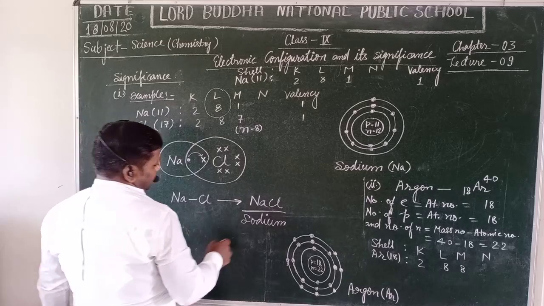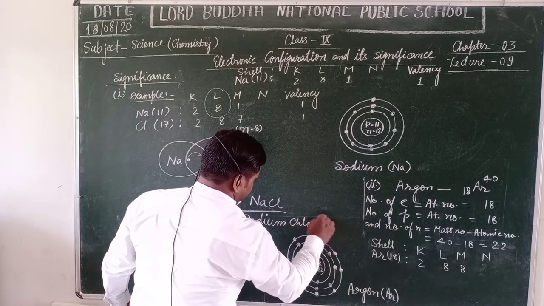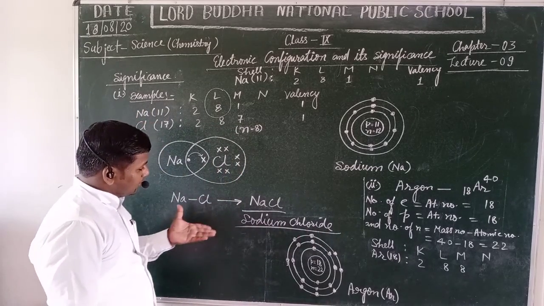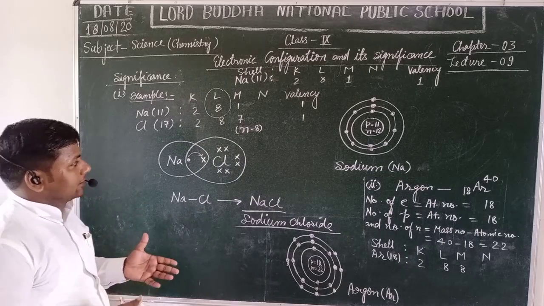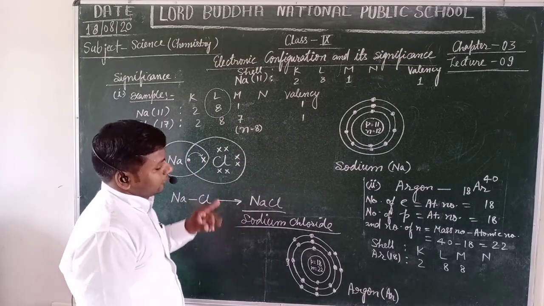This is the significance of electronic configuration through which atoms have the ability to share their electrons with one another. This represents the reactivity of elements.